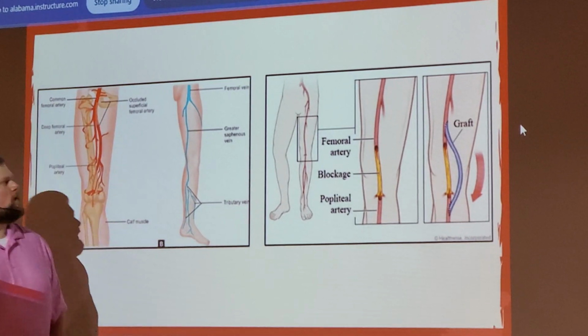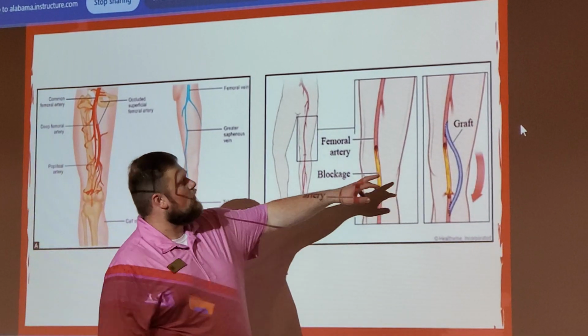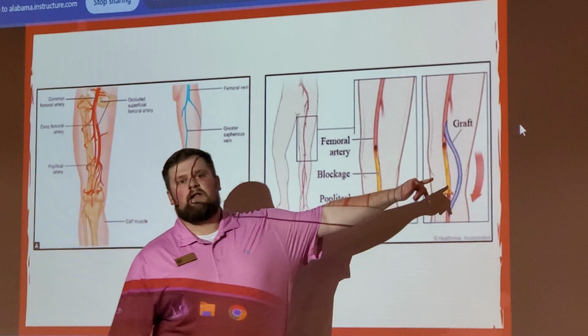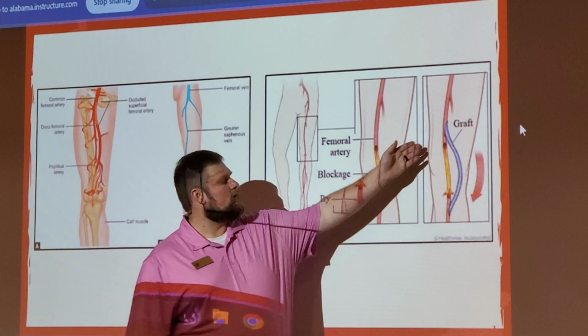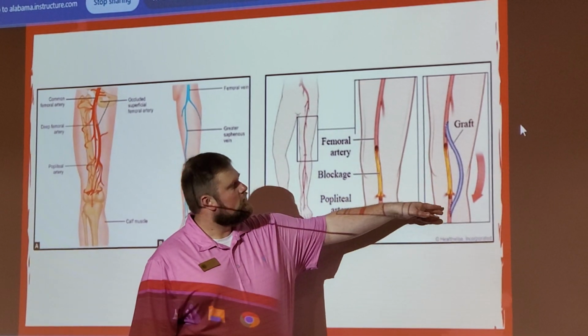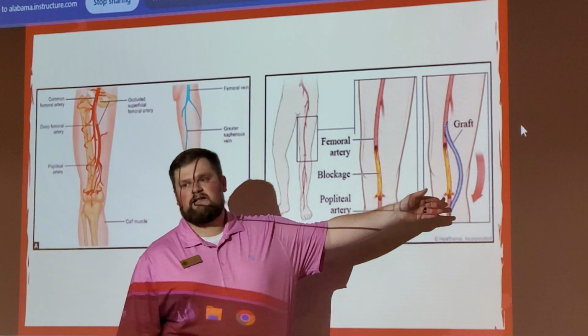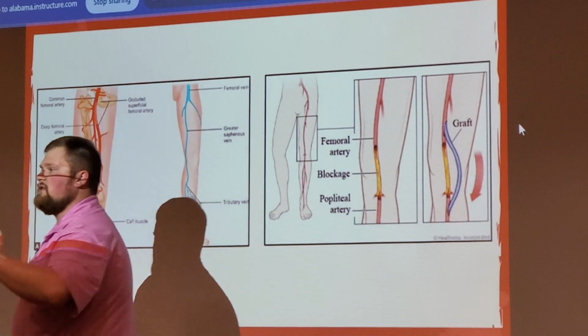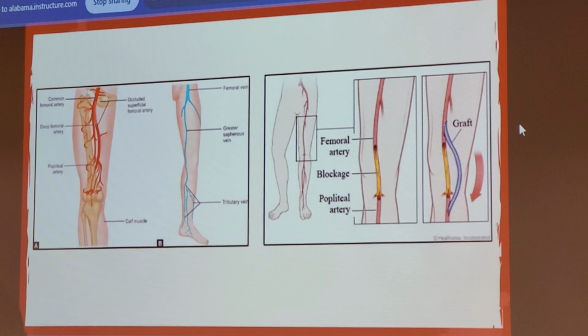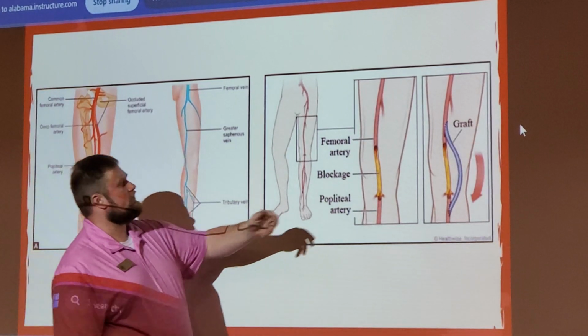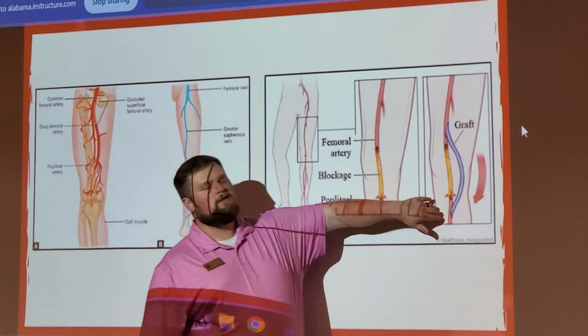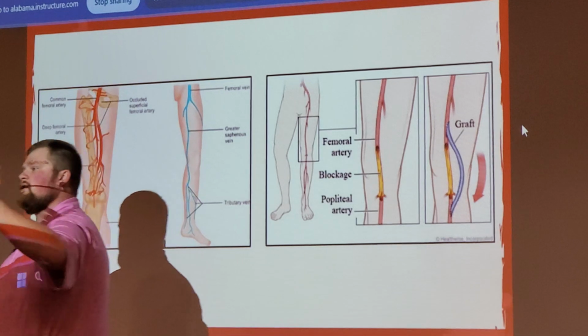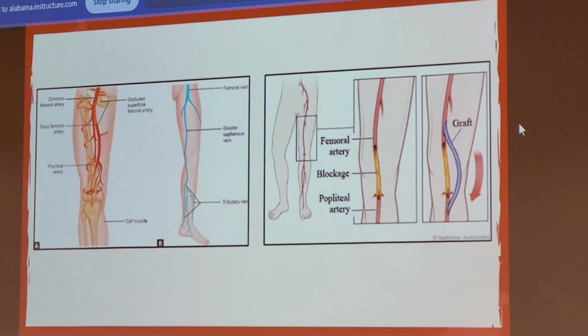Then we attach it to your femoral artery, just above where the blockage is. Then we bypass the block and reattach it on the other side where the blockage no longer is. At that point, this little section of artery is no longer in use. The blood is going to go through the saphenous vein.